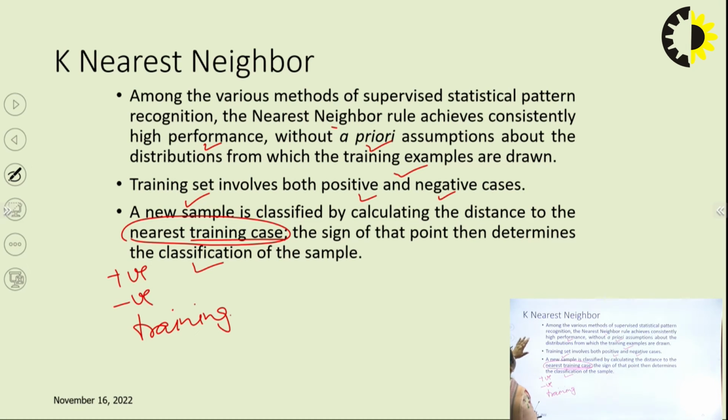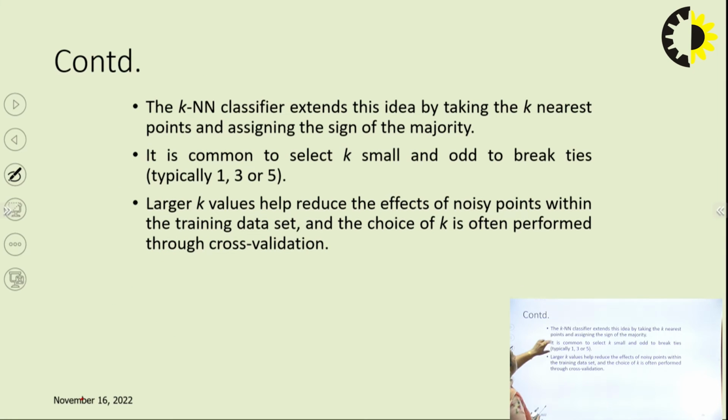So in k nearest neighbors, we actually take the k nearest points and assign the sign of the majority. What does it mean? It means we will take some k values in the neighborhood and check the signs of all. Let me say m are positive and n are negative.